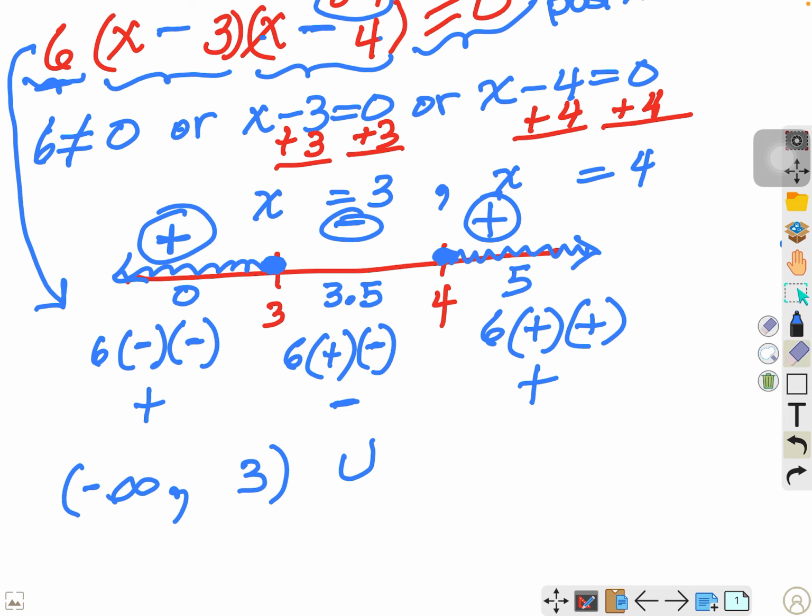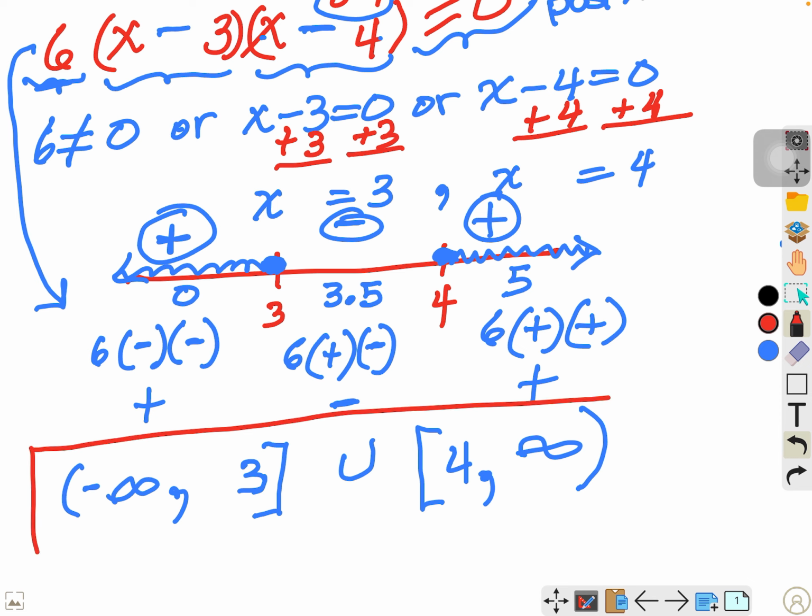And because there's an equal to this time, we have to close that endpoint. 4 is closed as well. So we start at 4 and we go on out to infinity. And we can't close positive or negative infinity. So here is our answer in interval notation and our answer in graphical form.